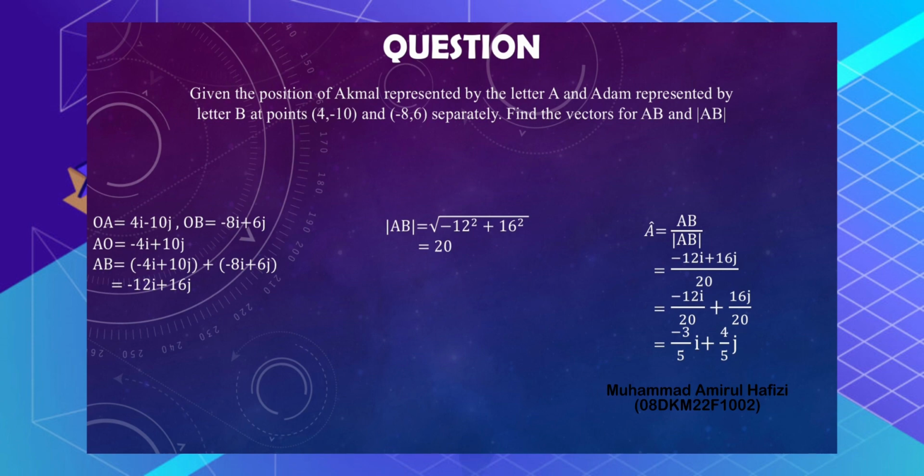AB over magnitude AB equals -12i plus 16j over 20, which equals -12i over 20 plus 16j over 20. So the answer is -3 over 5 i plus 4 over 5 j. Thank you.